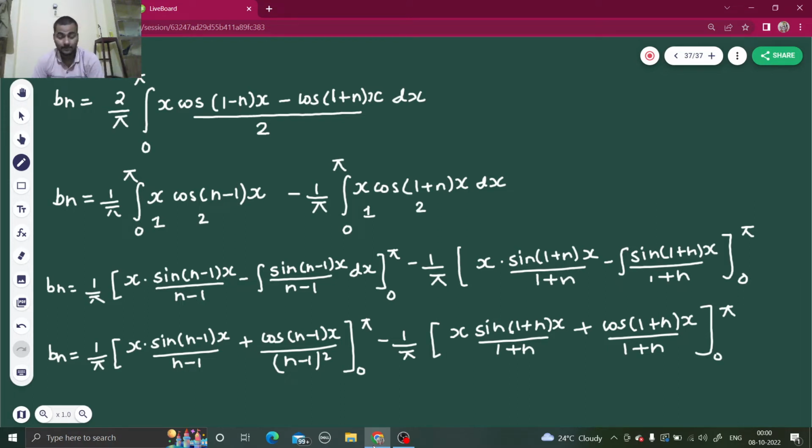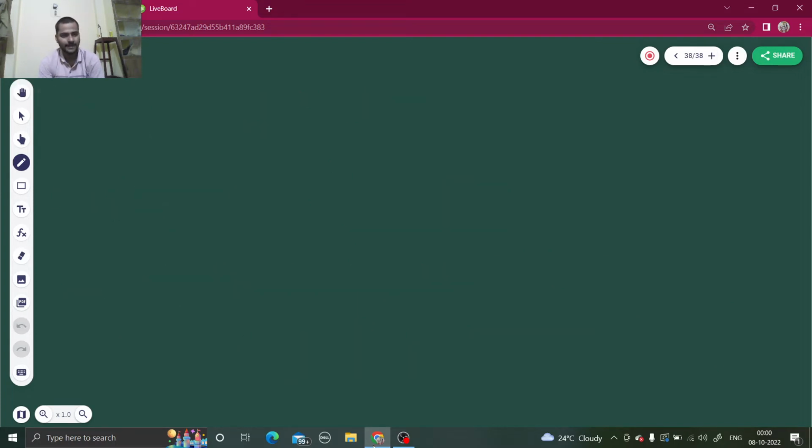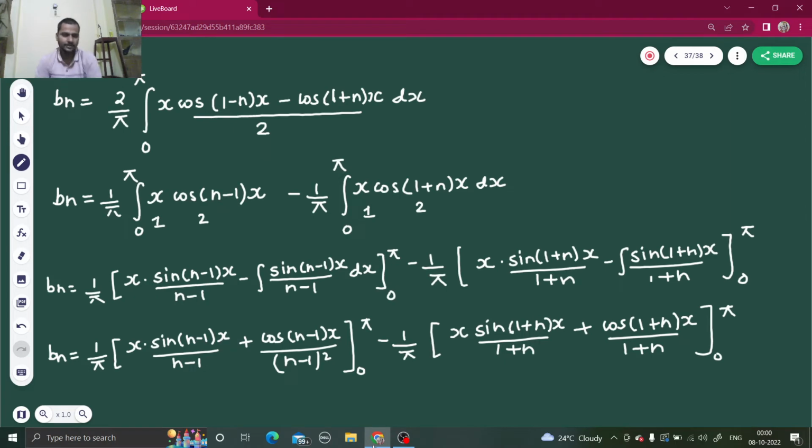Now we'll start putting the values. So b_n will be equal to 1 by pi. When you put pi, sin(n minus 1)pi will become 0.